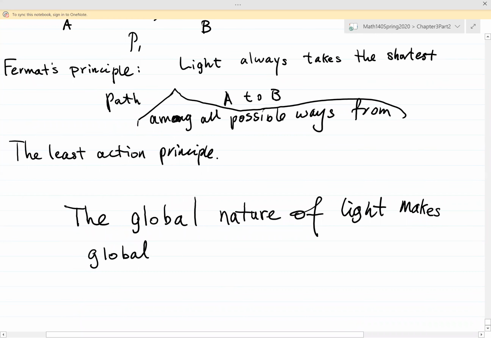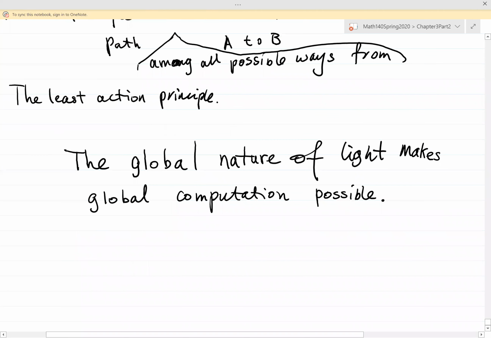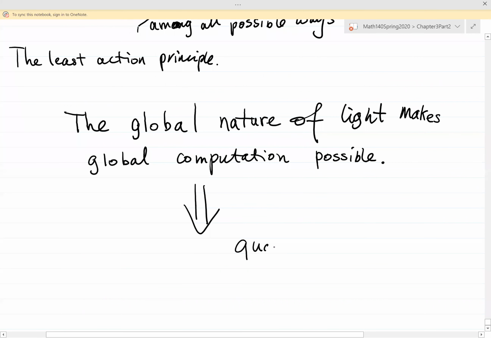Then you can use global computing to do these 1,000 computations simultaneously. This is actually the idea of quantum computation.